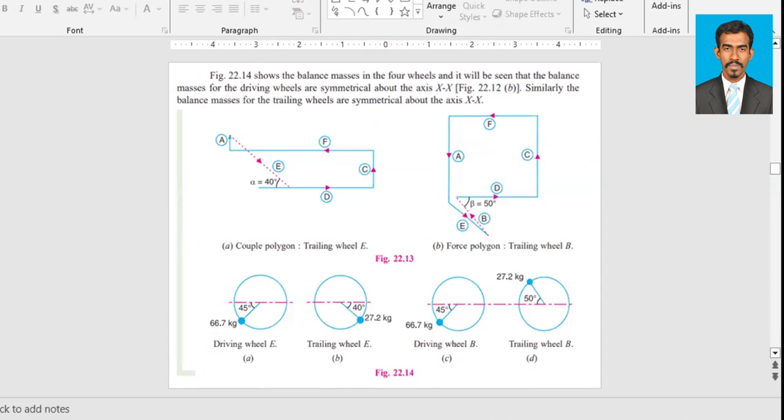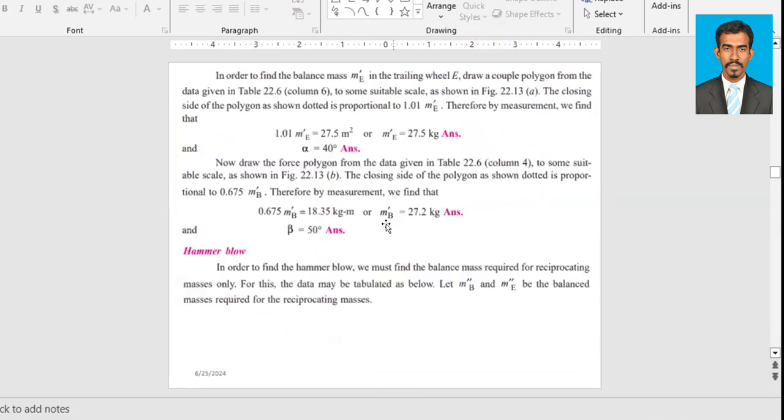Right. So the balancing mass is going to be placed at 50 degree this way. And the weight of the mass, we can see 0.675 m dash b is equal to 18.35 unit. So if you solve it, you will have 27.2 kilogram, right? So m dash b is going to be 27.2 kilogram, right?